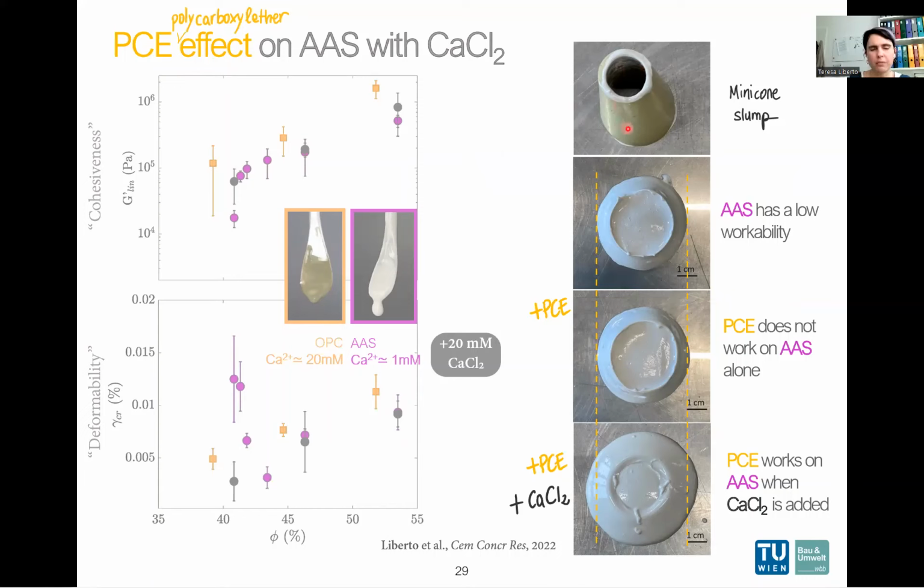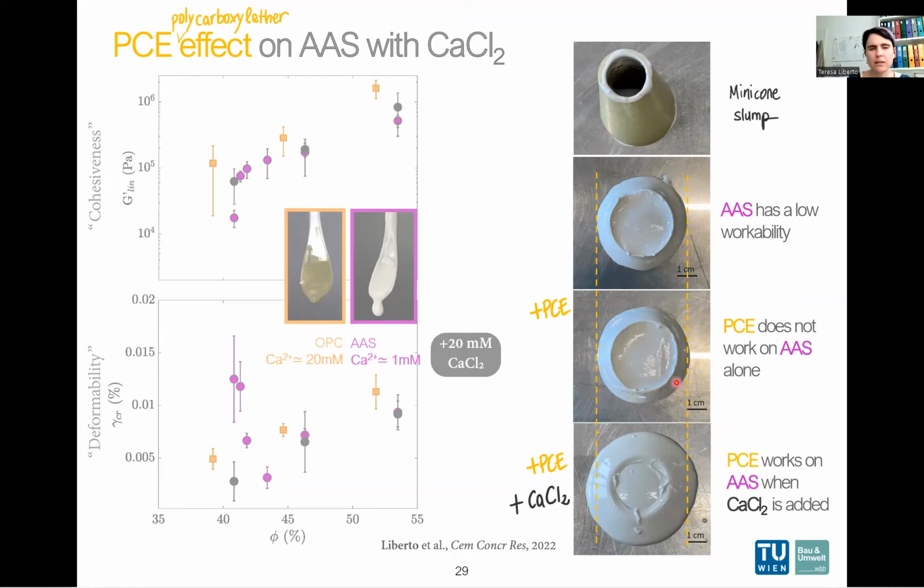So what we do? We do some mini-cone slump. We take a mini-cone, we fill it up, and then we lift it up to see how the spread looks, and we measure the spread. As you can see, for alkali activated slag, the spread is really similar to the initial diameter of the cone. It means that it has a low workability, and this is one of the problems in using alkali activated slag.